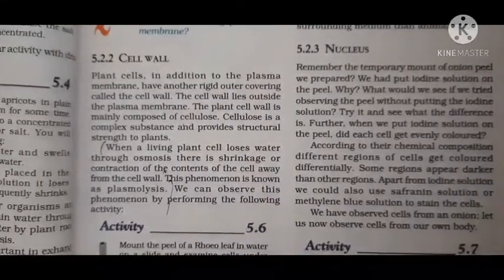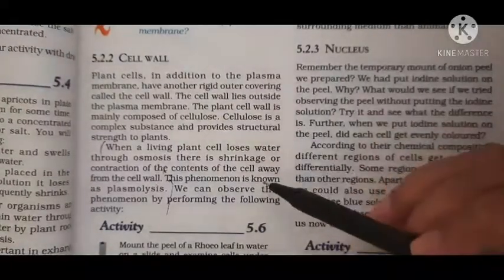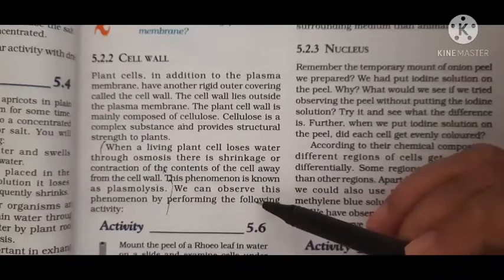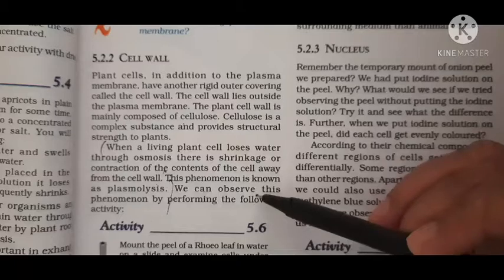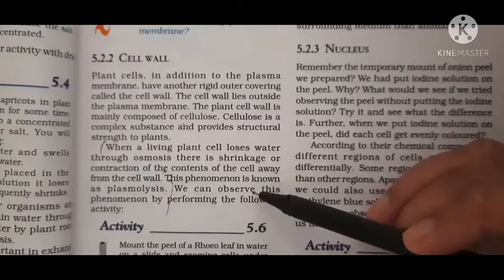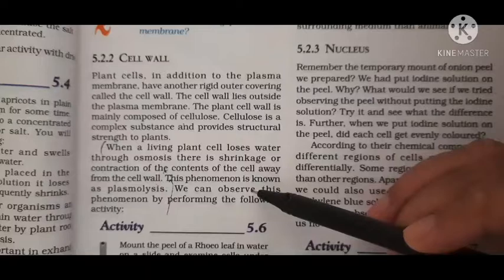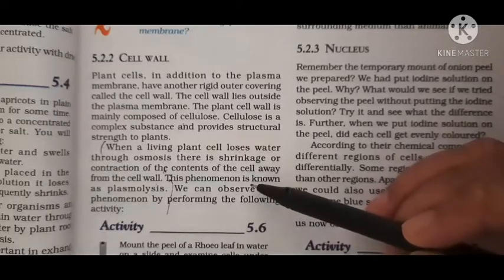Now I will tell you what will happen. This is plasmolysis, shrinkage of the contents of the cell away from the cell wall. Now when this plasmolysed cell is placed in a hypotonic solution, a solution where there is more water as compared to the plasmolysed cell, or a dilute solution, what will happen?